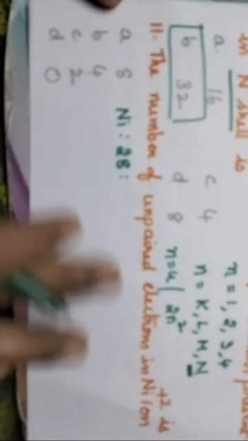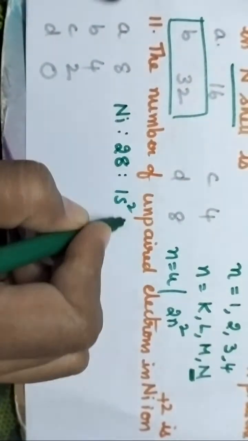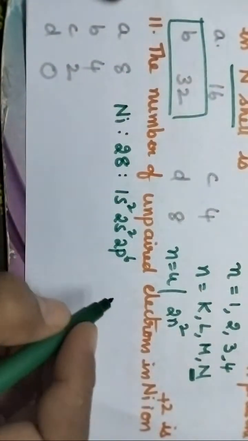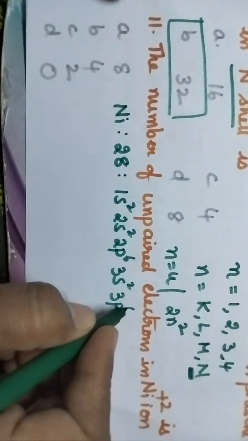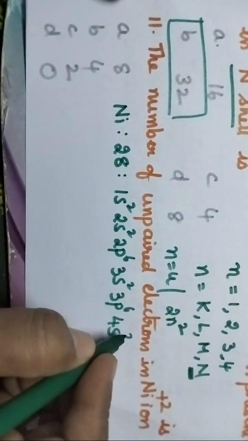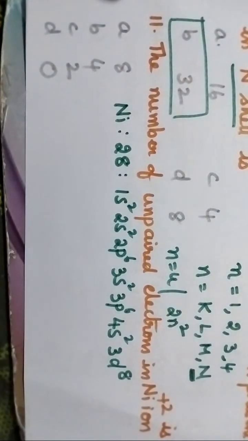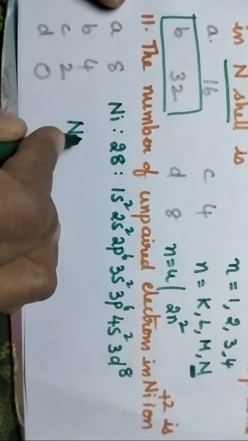28. And what is its configuration? That is 1s2, 2s2, 2p6, 3s2, 3p6, 4s2, 3d8. And here it is nickel plus 2 ion.